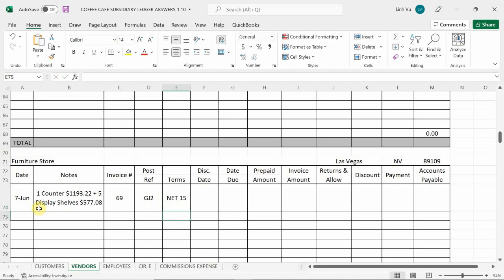So what does this tell me? If I have net 15, obviously there's no discount due date. However, we can come up with the actual due date. If you're using Excel, you can just enter in the formula and it will get you your number. Or you can choose to count with your fingers, or look at a calendar and count how many days after you receive the bill. We received the bill on the 7th.